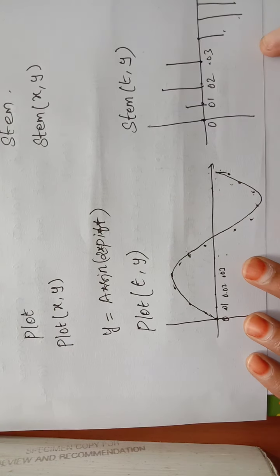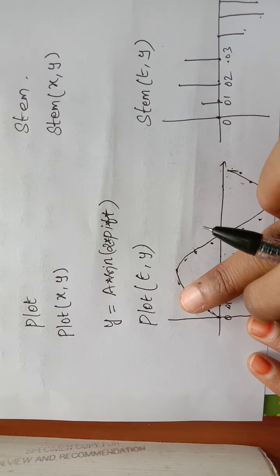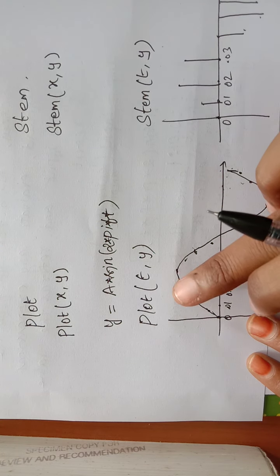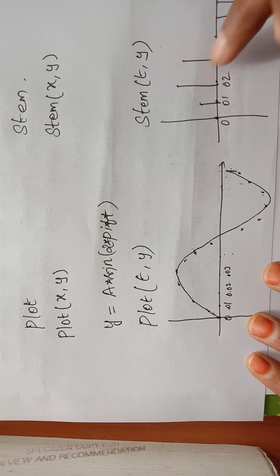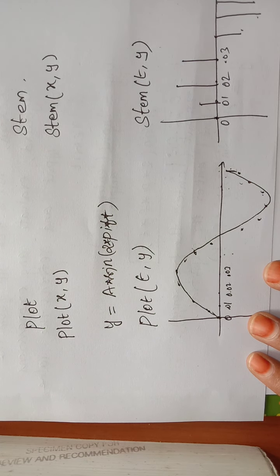So this is the difference between plot and stem. If you use plot, you will get a continuous signal. If you use stem, you will get a discrete signal. That is the difference between plot and stem.